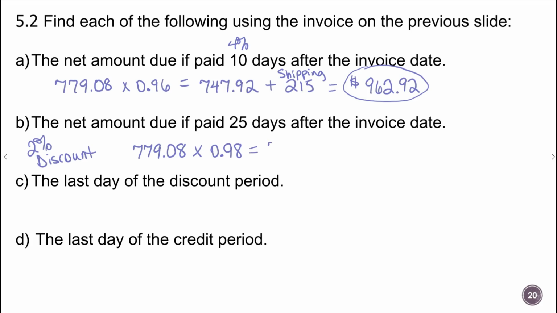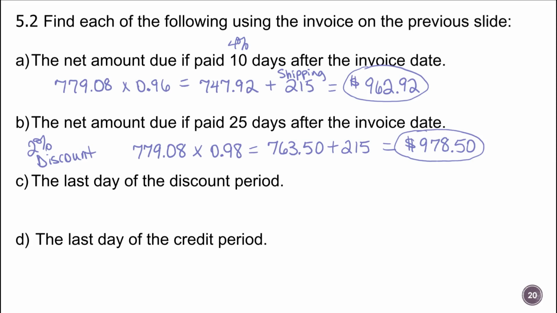And that gives us 763.50 plus our shipping of $215. So we pay $978.50 if we pay within the 30 days. So we get that discount.